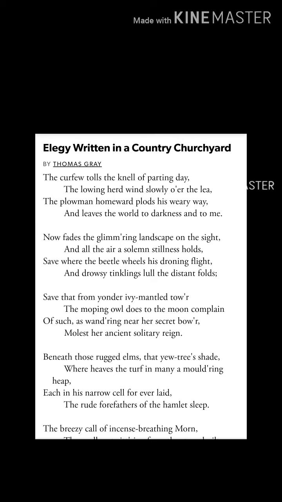The brightness decreases, and all the air a solemn stillness holds. That means everywhere there was a stillness, calmness. The brightness of the sun was decreasing and the darkness was increasing, and everywhere there was a stillness, calmness.